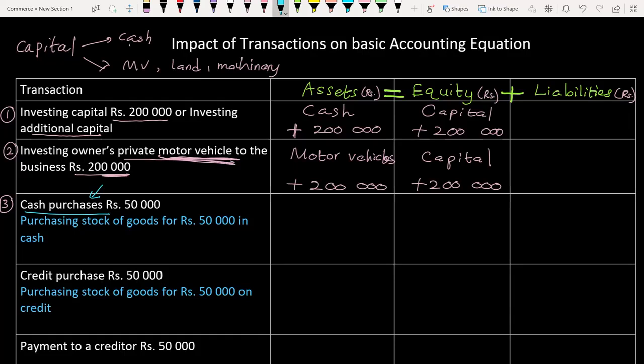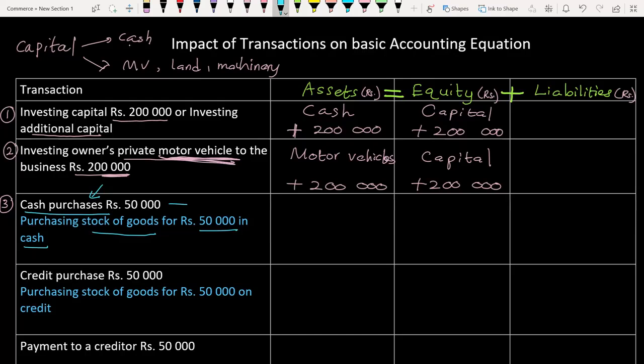For example, if it is a bookshop, it will be stationery stock. If it is a furniture shop, it will be stock of furniture. If it is a clothing shop, it will be stock of clothes or stock of garments. So what happens? Here the business purchases stock of goods for rupees 50,000 in cash.